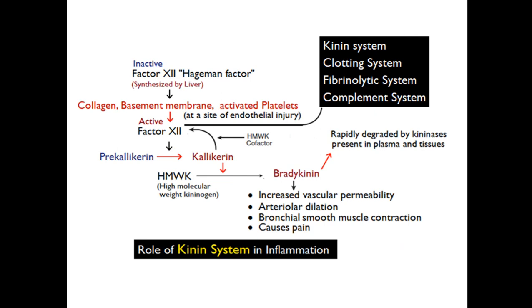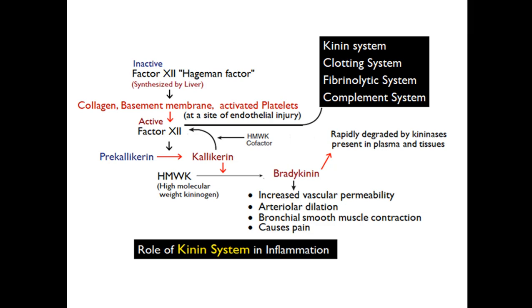Now, in addition to the complement system, the three other systems are the kinin system, clotting system, and fibrinolytic system. Now, the role of the clotting system: we discussed that the Hageman factor, which, if you remember, we have studied in hemodynamics, is involved in the intrinsic pathway of coagulation.